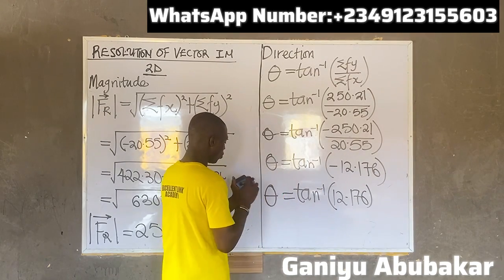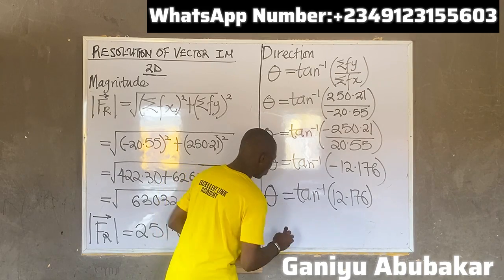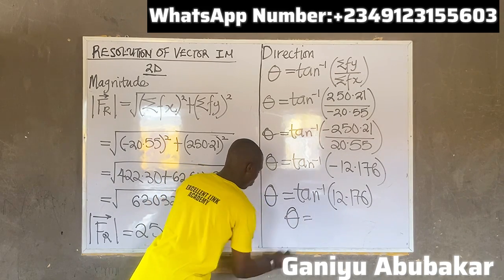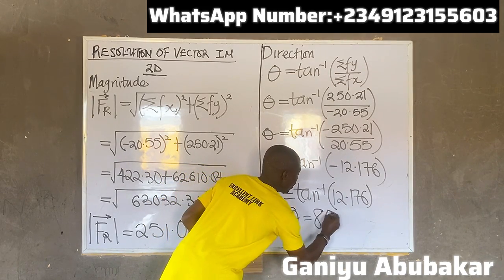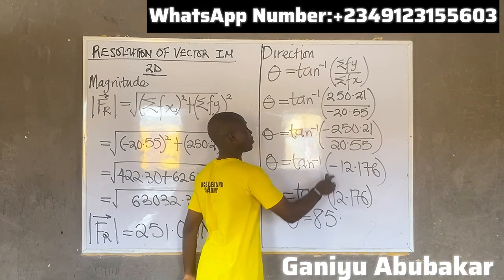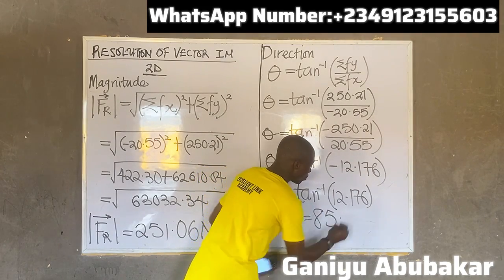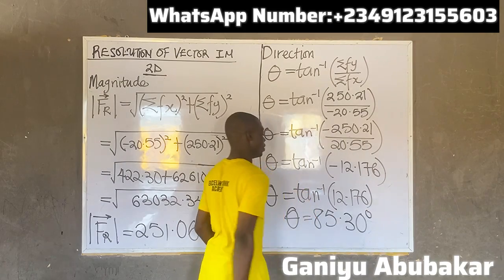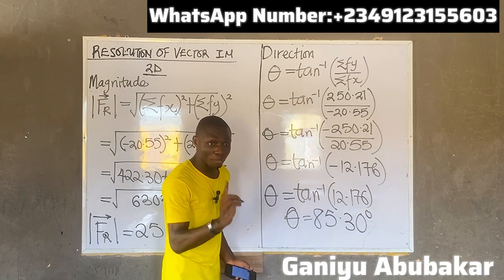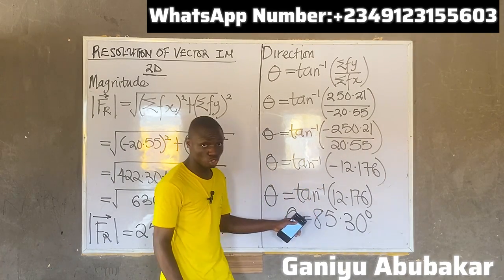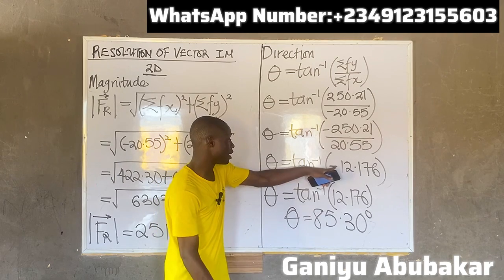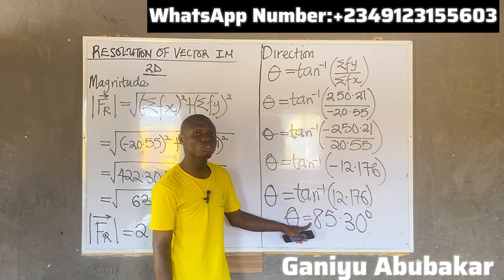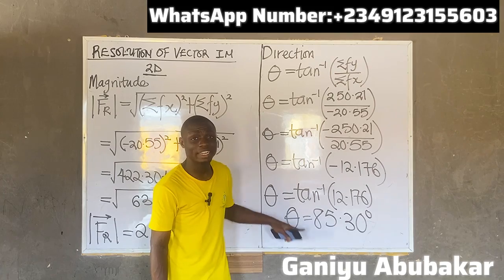12.176. If I punch the calculator, this gives about theta is equal to 85.30 degrees. My answer normally should be negative, because the negative sign comes here. But we said angle can never be negative.